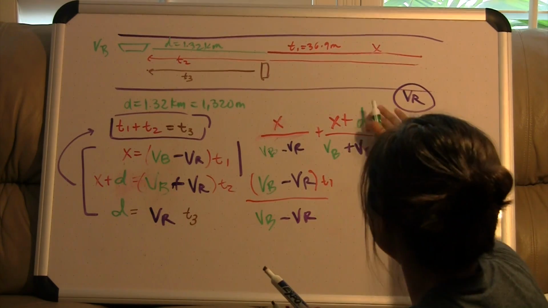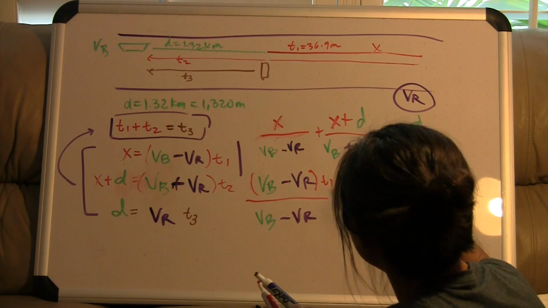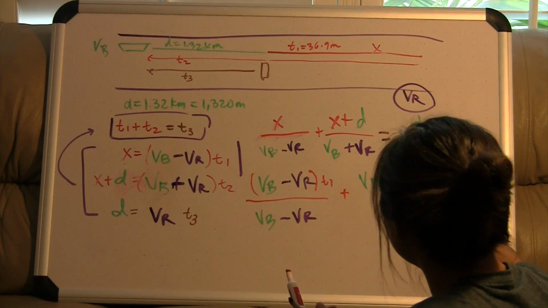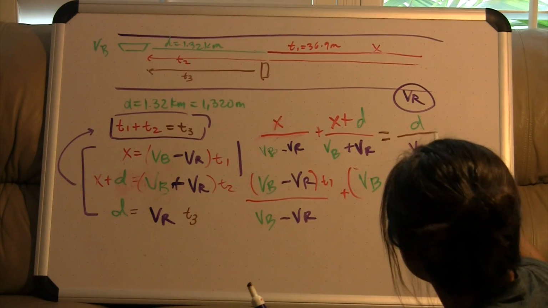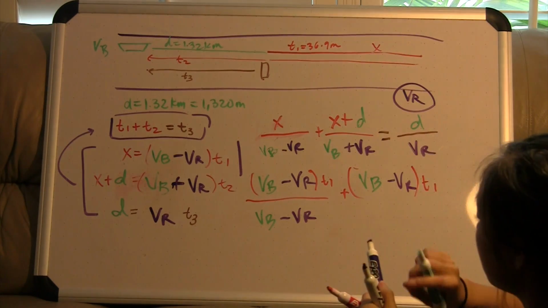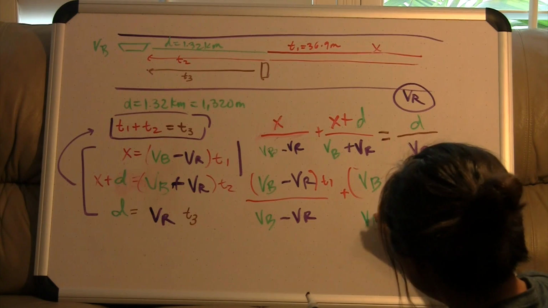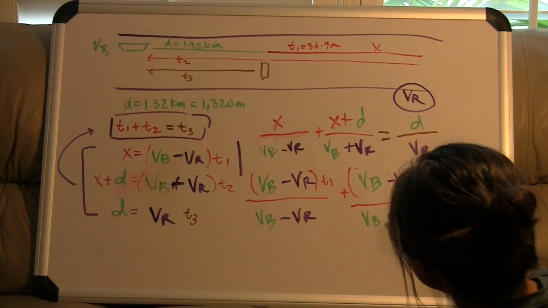And then we do the same thing for this equation right here. So we get the velocity of the boat minus the velocity of the river times time T1, plus distance over the velocity of the boat plus VR.